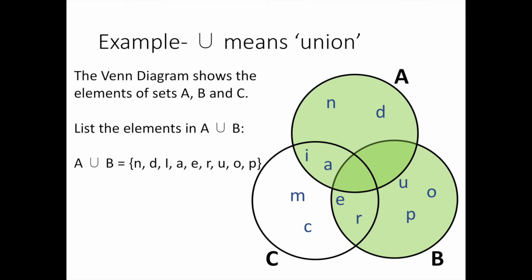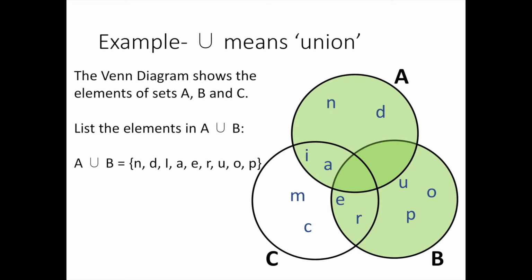Now if we are asked to list all the elements in the set A union B, we take all of the elements in set A and all of the elements in set B and combine them together. So in the case of the Venn diagram as shown, it's all the elements in the shaded circles combined. So the elements in set A union B are N, D, L, A, E, R, U, O and P.